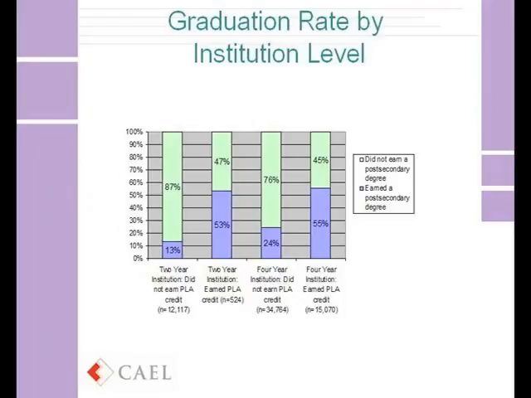At 4-year institutions, 24% of students who did not earn PLA earned a degree compared to 55% of those who did have PLA credit. In both cases, in the 2-year and 4-year institutions, those who earned PLA credit graduated at significantly higher rates than those who did not earn PLA credit.